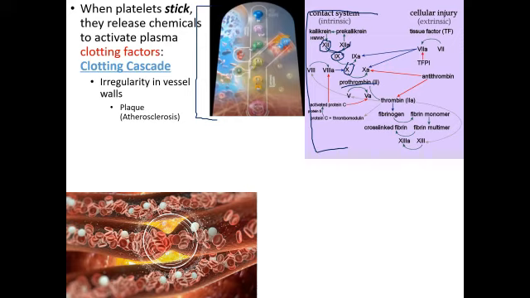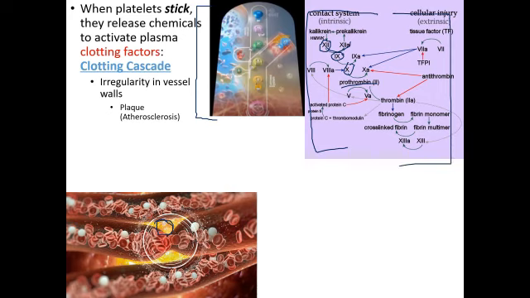Remember a few slides ago we talked about how LDL is going to bring cholesterol and such towards your heart, and so if you have too high of a quote-unquote bad cholesterol, that can lead to the formation of these fatty plaques within your blood vessels. And so this provides an irregular surface to which platelets can bind and therefore initiate this entire clotting cascade.